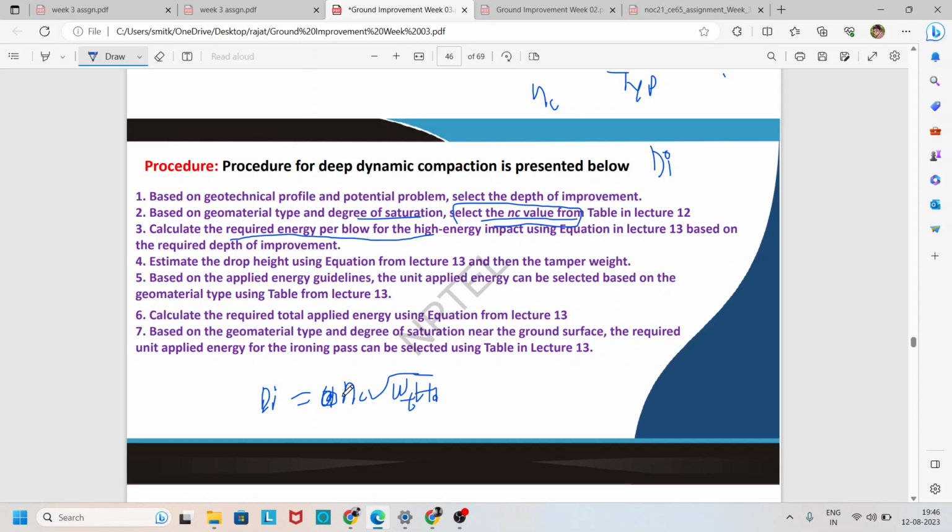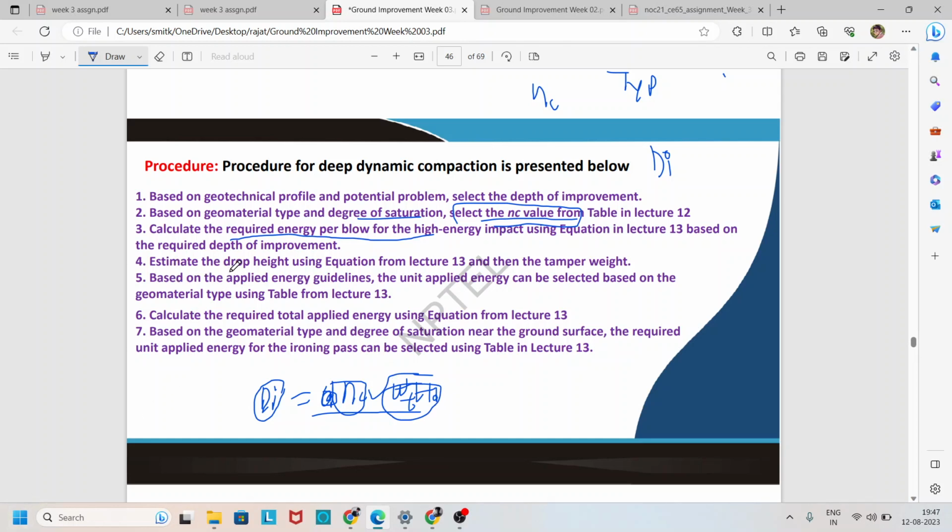By this formula, we can find out the energy per blow for high energy impact. Because first we decide the depth of improvement, then we find out the NC based on the degree of saturation, and by applying this formula, we can easily find out the applied energy for each drop.